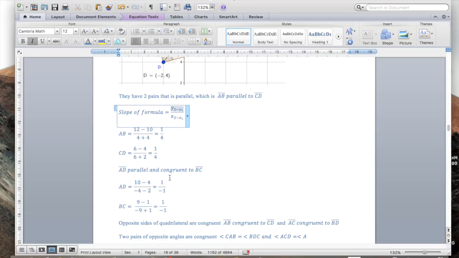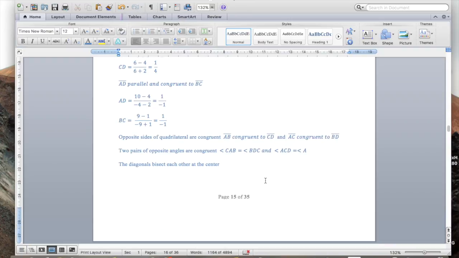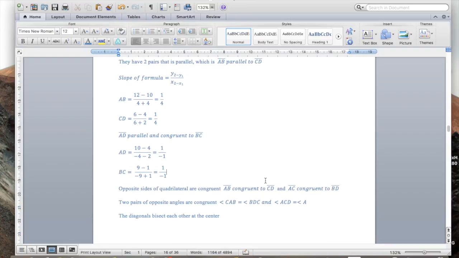And if the answers are equal to each other, it means that they're parallel to each other. And I give the explanation that opposite sides of a quadrilateral are congruent: AB congruent to CD and AC congruent to BD. Two pairs of opposite sides and angles are congruent.